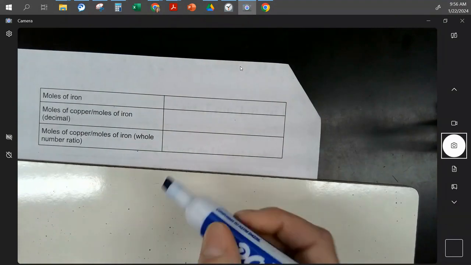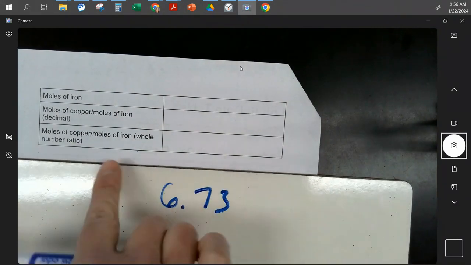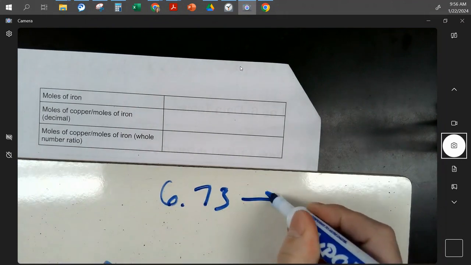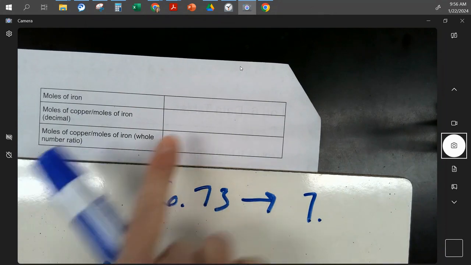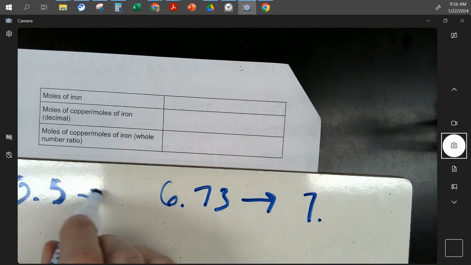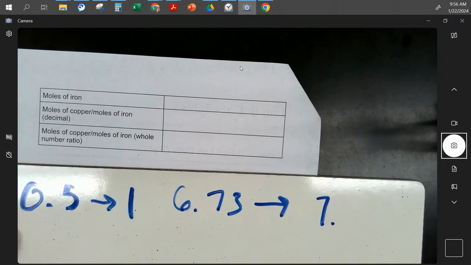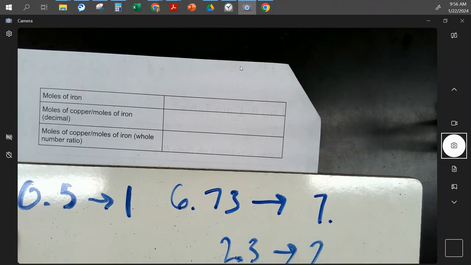If I got 6.73 as my number here, I'm going to round to the nearest whole number, which would be 7. I want only a whole number. If I got 0.5, I'm going to round to 1. That's my nearest whole number. If I got 2.3, I'm going to round to just 2.